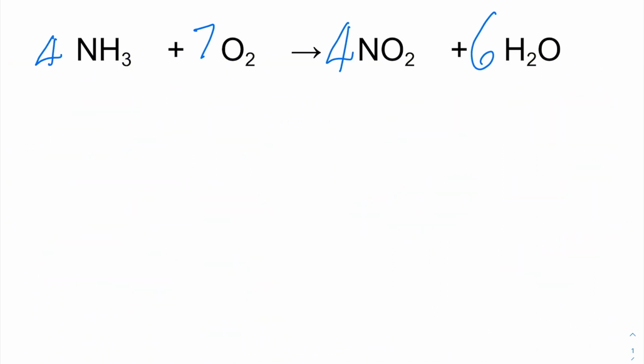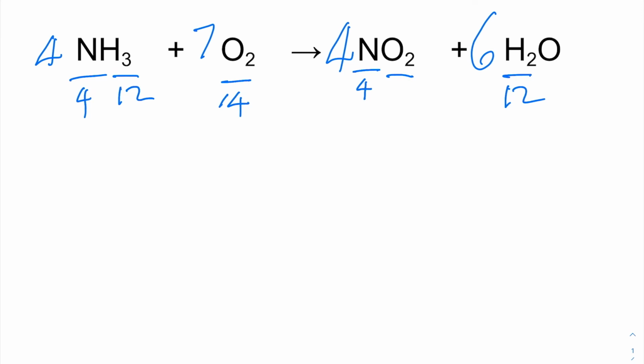So nitrogen's on the left hand side, I've got 4, and on the right hand side I've got 4. Hydrogens, I've got 4 times 3, which is 12. Hydrogens, I've got 6 times 2, which is 12. So nitrogens are good, hydrogens are good. Oxygen, I've got 7 times 2, 14 on the left.